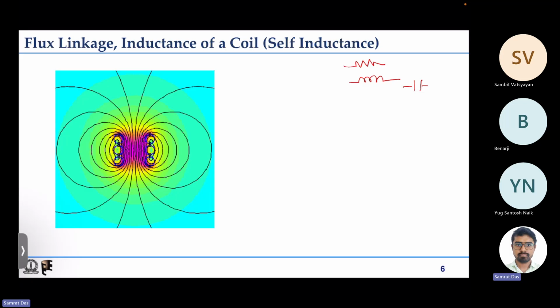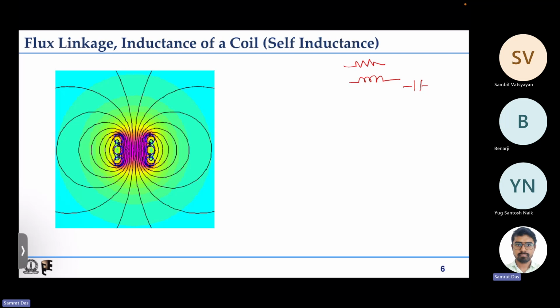So if we have a coil, we understand that we have a lot of flux lines flowing and we have some B distribution. That means we have some inductance or some magnetic energy stored. That indicates that this coil has certain inductance. We understood self inductance, that is the inductance of the coil, or the energy stored in the vicinity of the coil due to its own current.